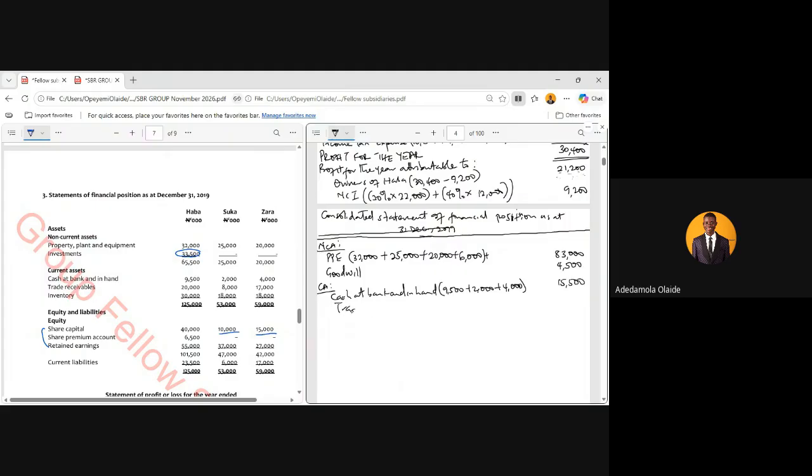Next we have the trade receivables, and our trade receivables is how much? 20,000 plus 8,000 plus 17,000. Then inventory: 30,000 plus 18,000 plus 18,000.